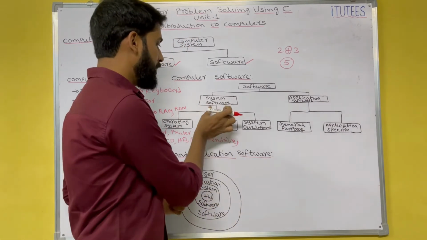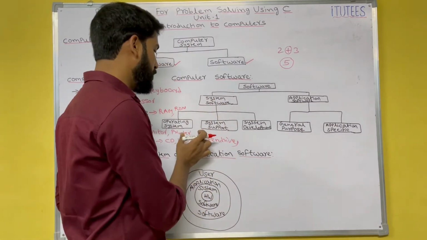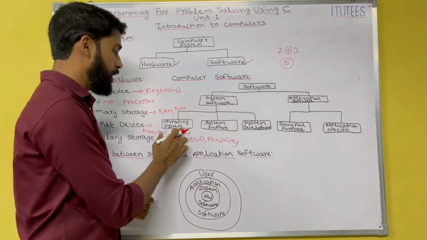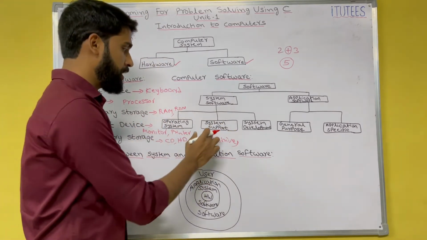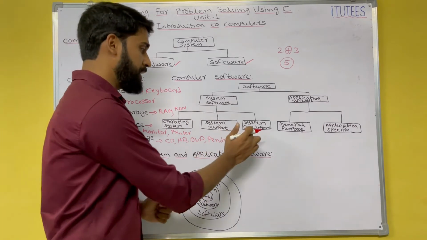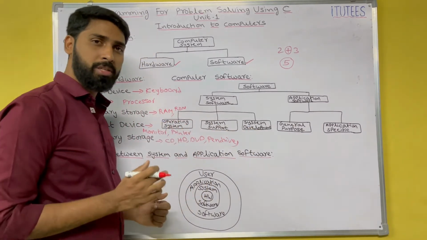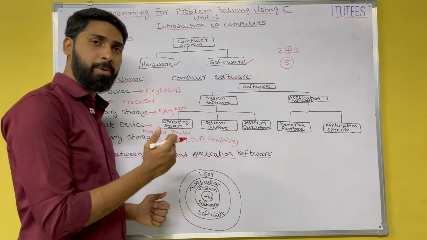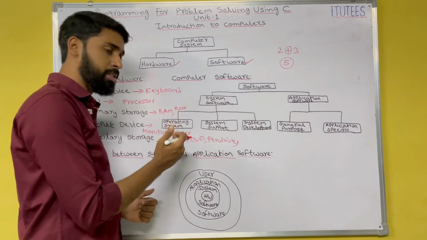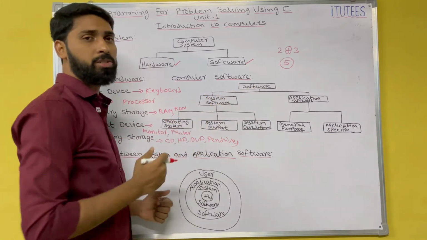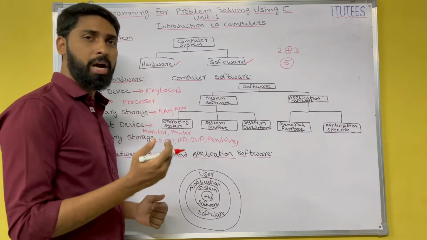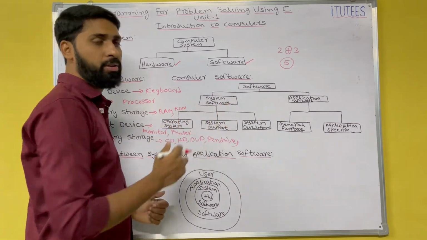Now, system software is divided into three parts: operating system, system support, and system development. The operating system provides the facilities to use the application software. For example, I want to use Microsoft Word.